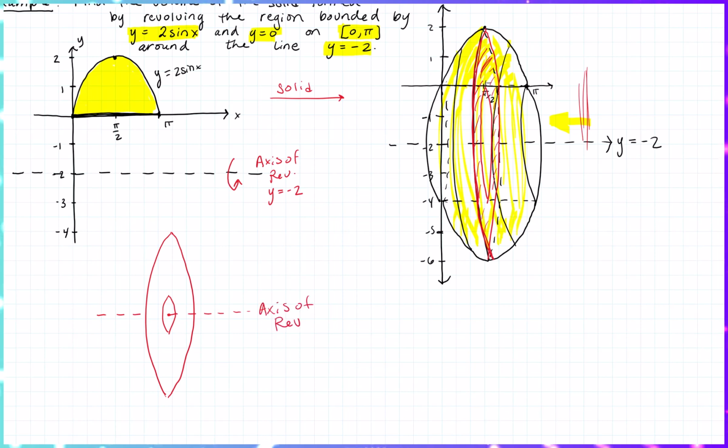What we need to set up is the inner radius and the outer radius, because of the area of a washer.